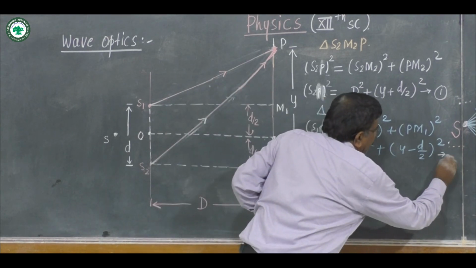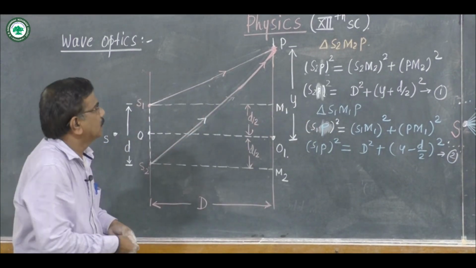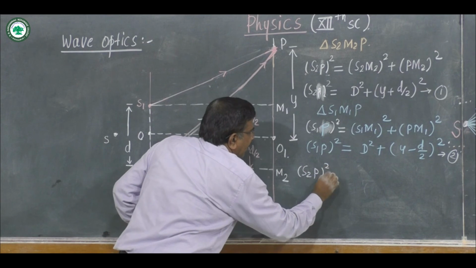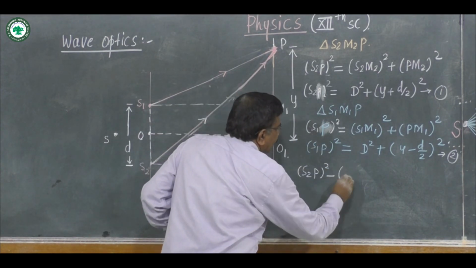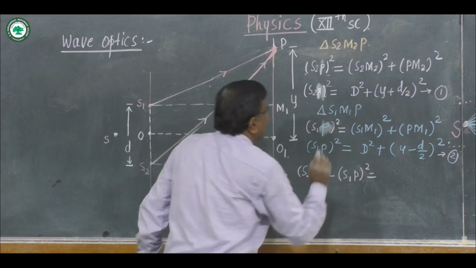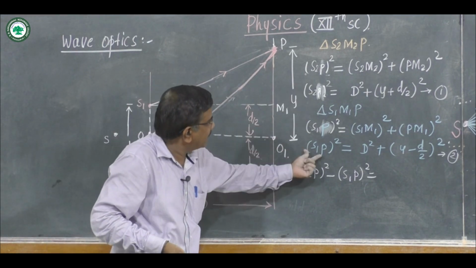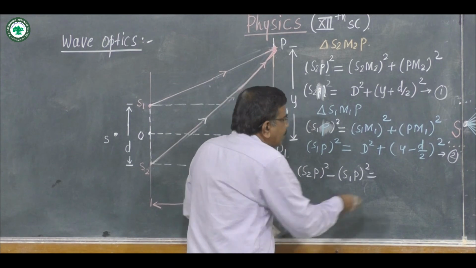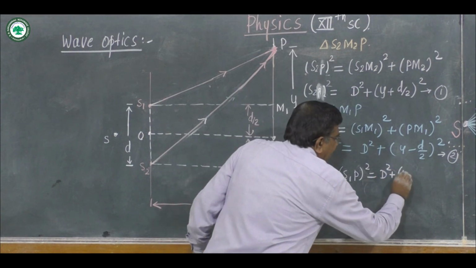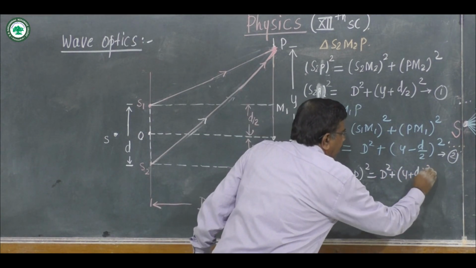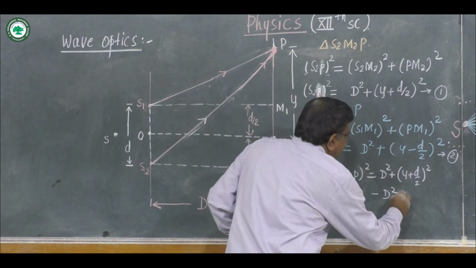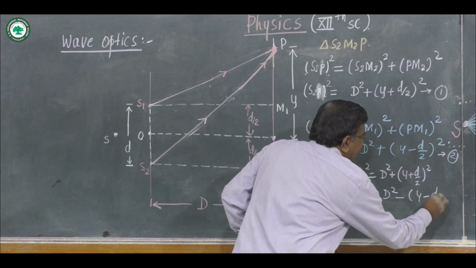So from equation 1 and 2, we subtract 2 from 1, that is S2P square minus S1P square is equal to d square plus (y plus d half) square minus d square minus (y minus d half) square.